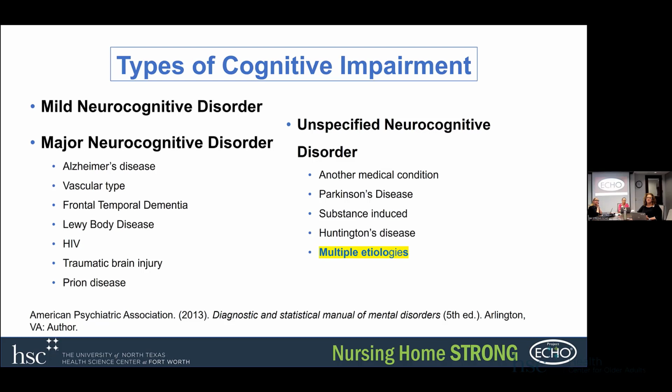And then there's FTD, frontotemporal dementia, Lewy body, HIV. Some people have had traumatic brain injuries. I think that's in the media right now pretty frequently with these football players who are having early signs of dementia. And there's a lot more.